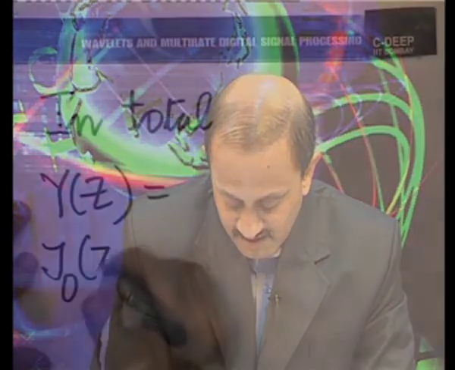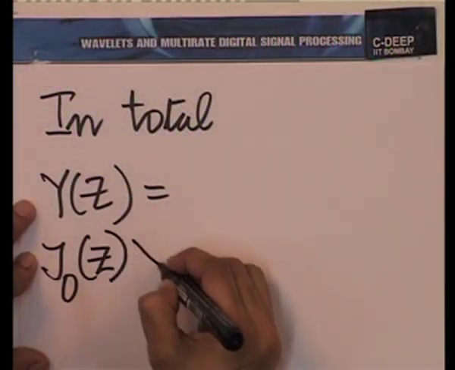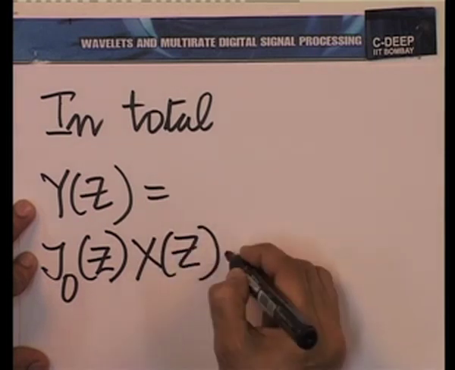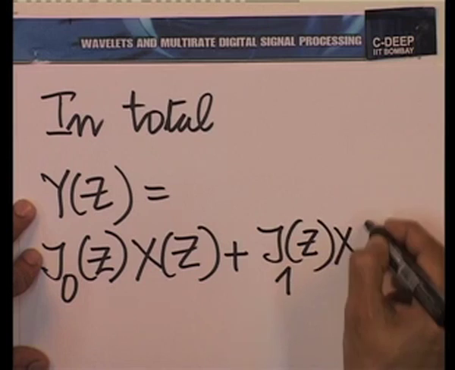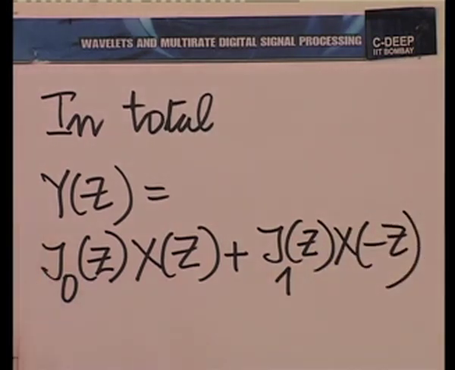So, we will say Y(z) in total is of the following form. It is going to have some system function multiplying X(z) and some other system function multiplying X(-z).